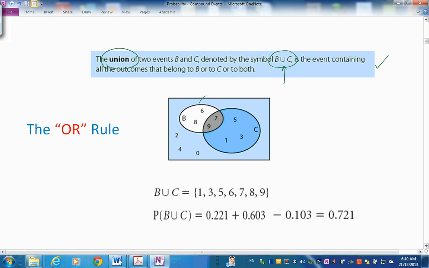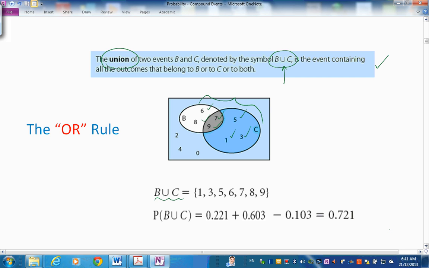We want to unite these 2 events, if you like, the union. What are we going to do there? B union C is everything in here, all of them. Okay, we want the probability of getting any of that. Okay, so let's have a look.